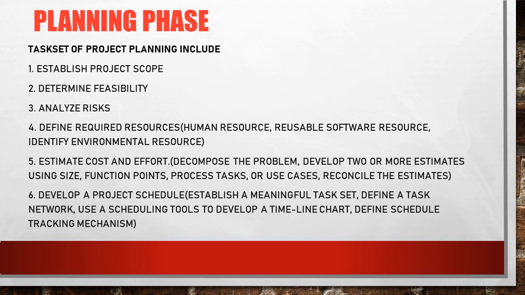The fifth task is to estimate cost and effort. We need to identify the problem, then decompose the whole problem into small sub-modules. We develop two or more estimates using the size of the project, based on the number of function points in the project, the number of process tasks, or use cases, and reconcile the estimates.